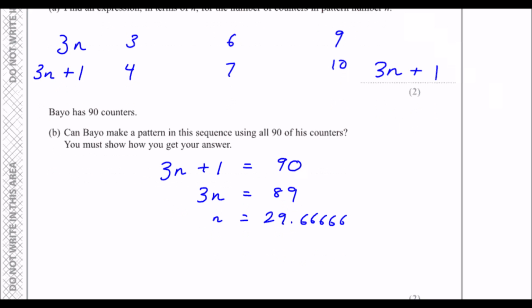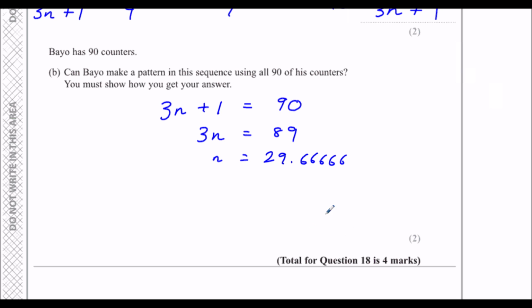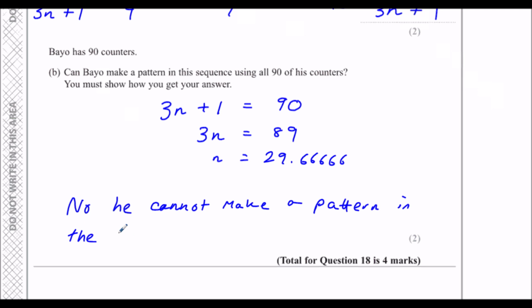So no. Can he make a pattern? No, he can't make a pattern in the sequence. You can make a pattern, but not one in the sequence with 90 counters.